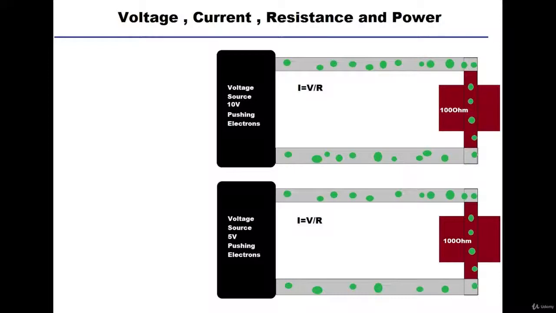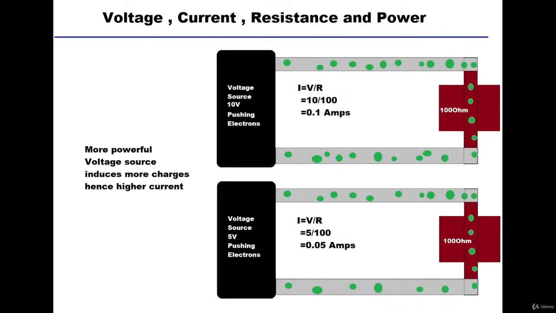Now we know that V equals I times R, or we can rearrange it to have I equals V over R. So for the first one, we'll get 0.1 amps, and for the second one, we're going to get 0.05 amps. So here we have the same resistance, but different voltage source values. It means we will have different current values.